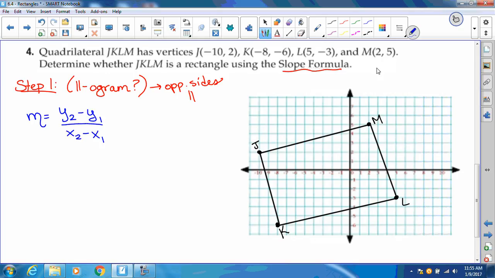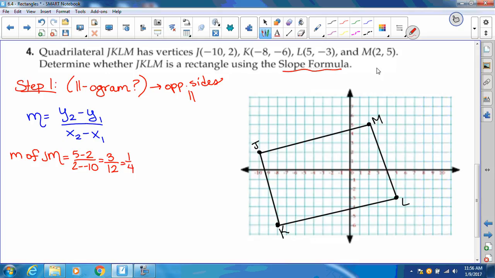Remember, if you're looking at a graph, you can just count up and over, or you can use the slope formula. So I'm going to start with the slope of JM. The slope of JM would be 5 minus 2 over 2 minus negative 10. So that would be 3 over 12, which is 1/4.